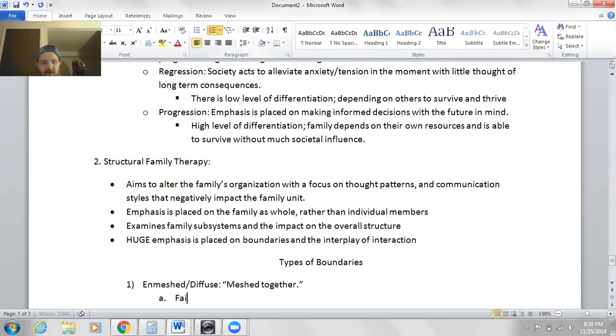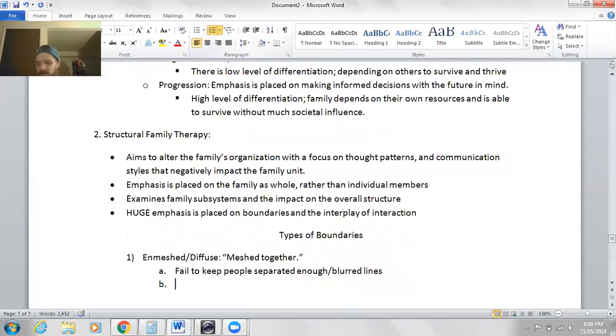So what does this look like? They fail to keep people separated enough. Blurred lines, lack of boundaries or sense of self within relationships.